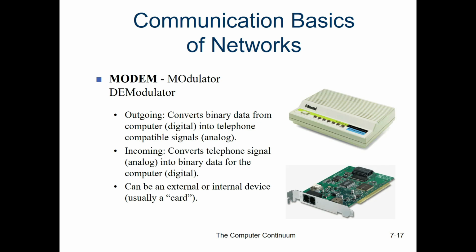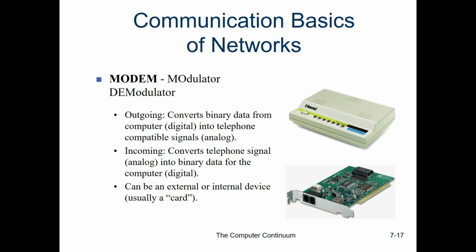Then we have the modem here. We need to discuss many other things, but for now let's discuss the modem, short for modulator and demodulator. Nowadays the modem itself is not used much, but a different version of it is being used. A router is a kind of version of this modem.